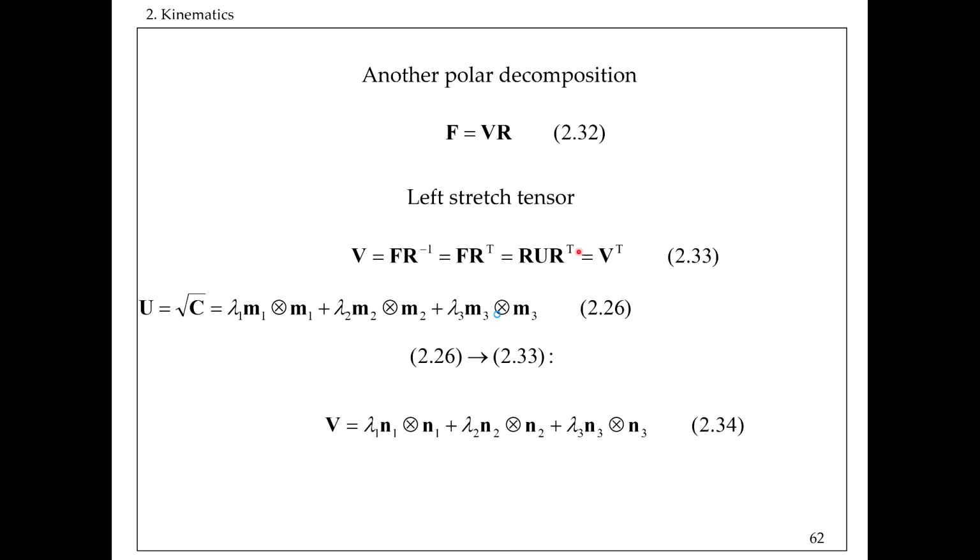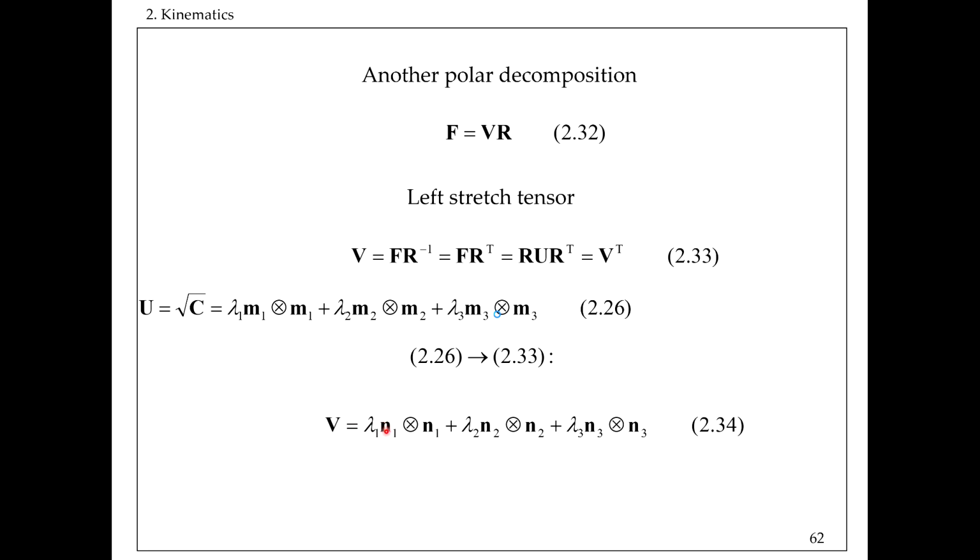By looking at the relation between V and U, we can also write explicitly what these vectors n are. You take the tensor U and multiply it with R from the right and R transpose from the left, and then you obtain V, right?